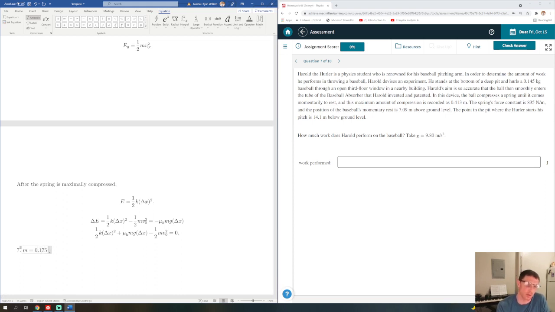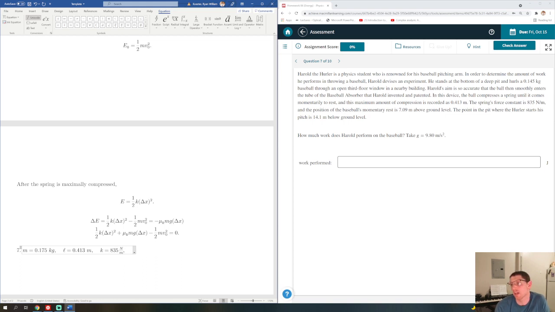I'm just gonna go through and write out my symbols. Let's see here. I will call the maximum compression of the spring L. And for me, that's 0.413 meters, right? We have a spring constant, which is 835 newtons per meter.